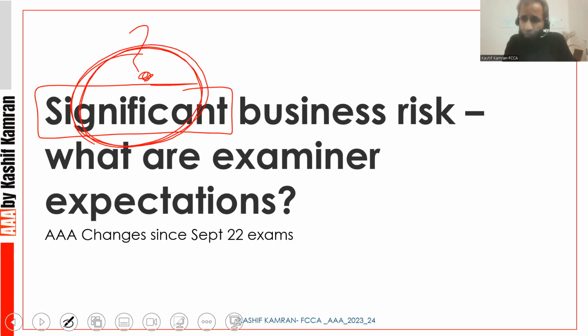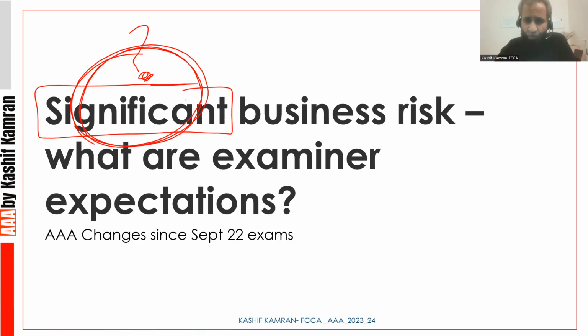What extra do you need to do, or should you not do anything extra, and just simply write a business risk answer the way you were writing before? You are not prioritizing the business risks, right? This is not needed. Business risks shouldn't be prioritized. But yes, the examiner is saying evaluate the significant business risk.